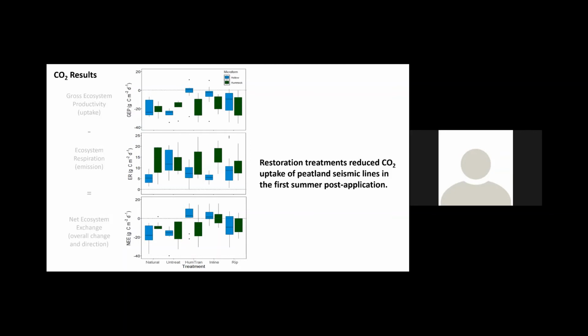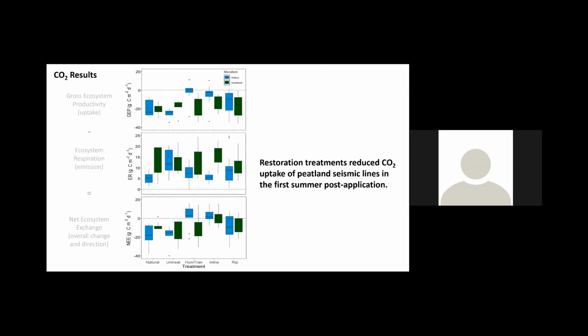And if we subtract ecosystem respiration, which is the emission mostly from soil microbial communities into the atmosphere, then we are left with the net ecosystem exchange, which is the overall change and direction of the CO2 flux. So positive numbers in these cases means that it's being released into the atmosphere, and negative numbers means that it's being taken up and stored as carbon in the ground.